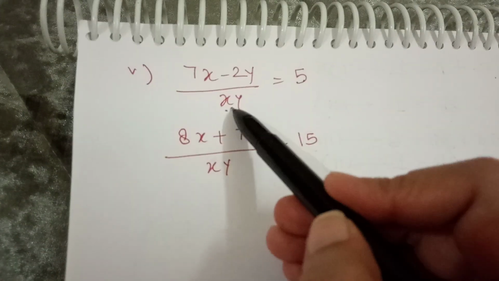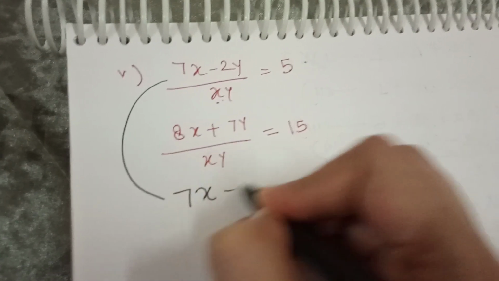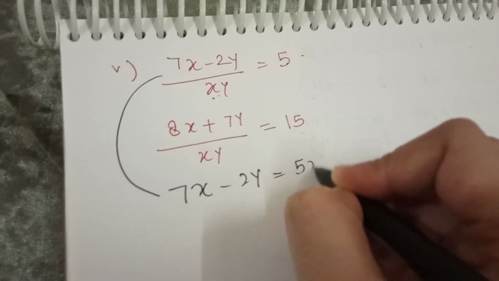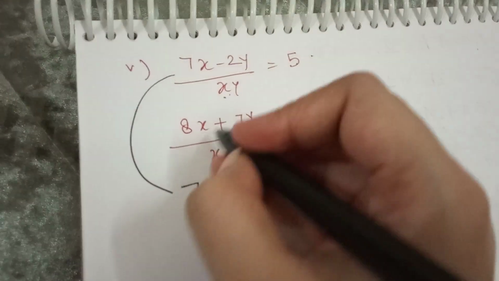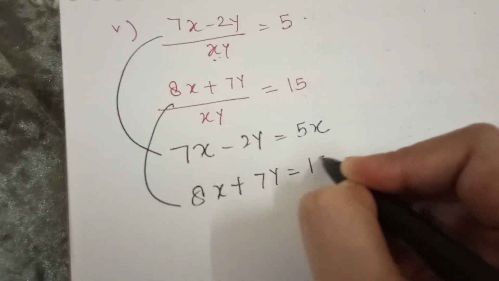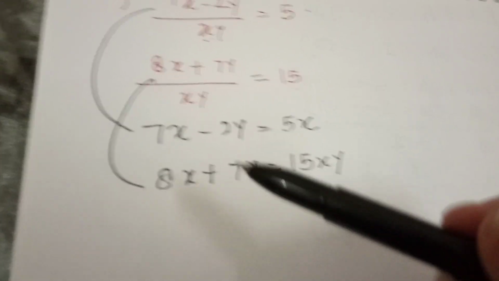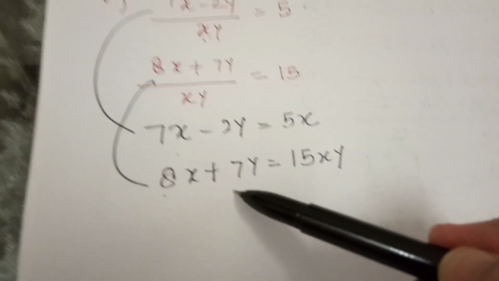First of all, we will shift this xy to the right hand side. So this equation will be 7x minus 2y equal to 5xy. Okay, and this will be 8x plus 7y equal to 15xy. But you will say, now ma'am, these equations are in the simple form.